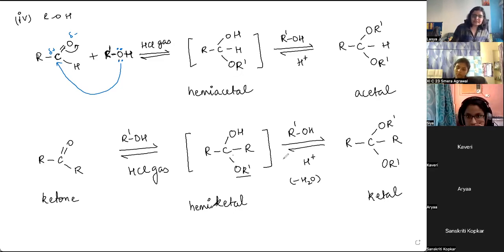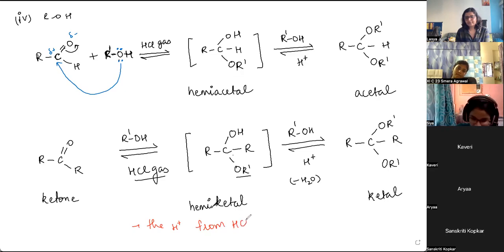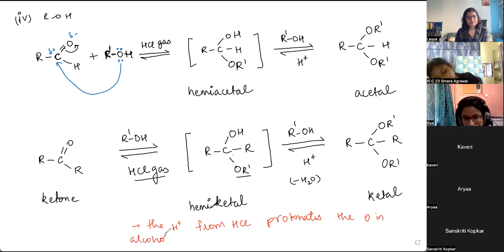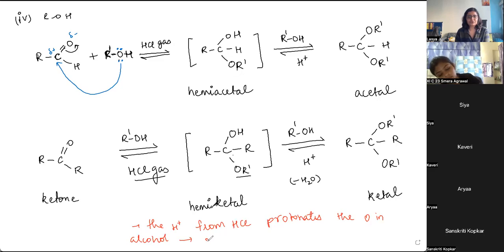The reason why this needs to be done in acidic medium, like why we need HCl or H plus present in general, is because the H plus from HCl protonates the oxygen in alcohol, and this makes it a stronger nucleophile.